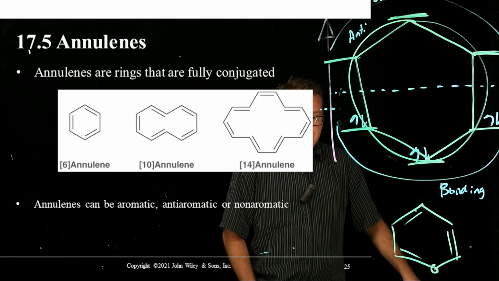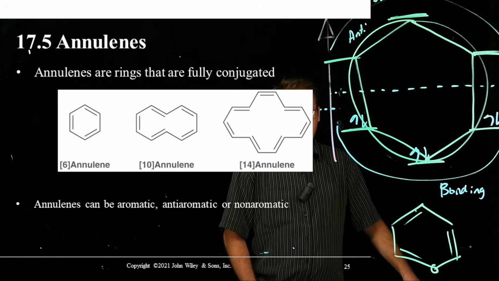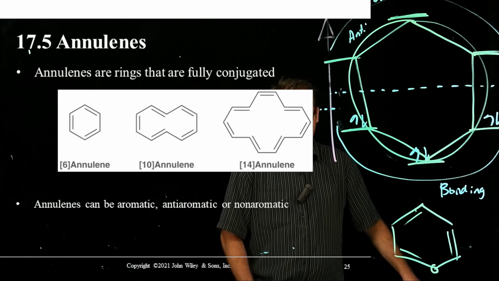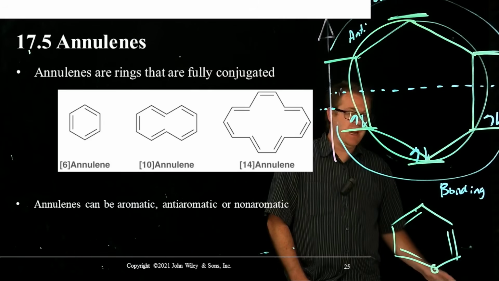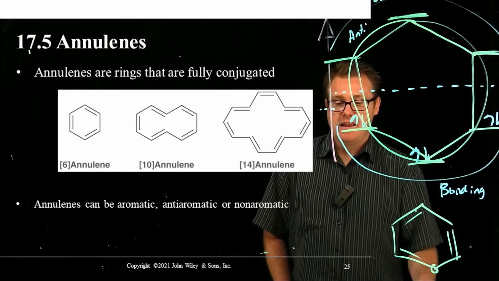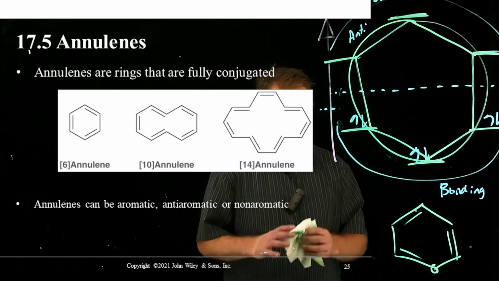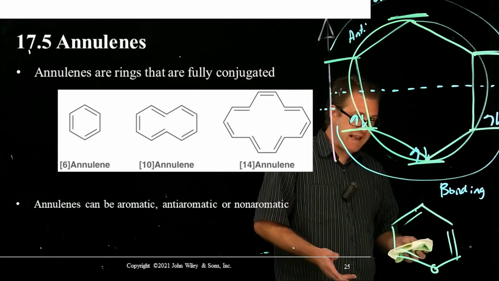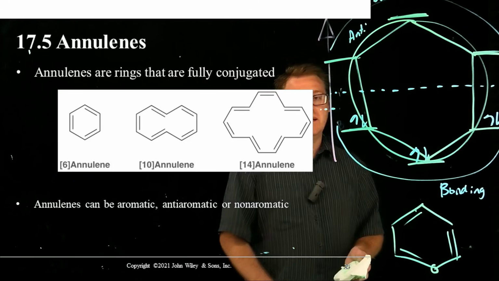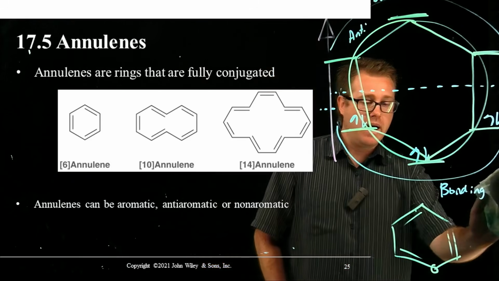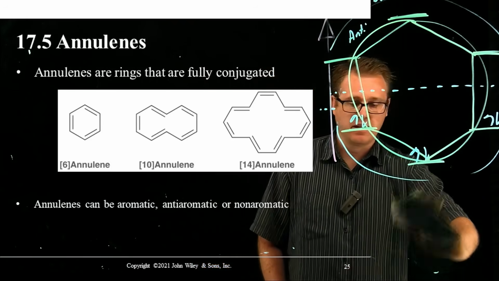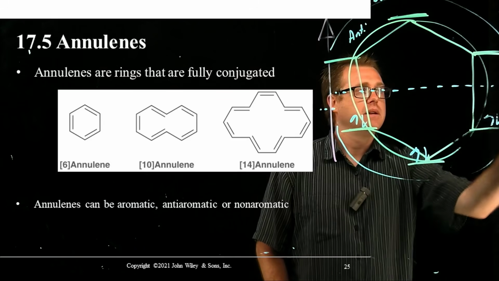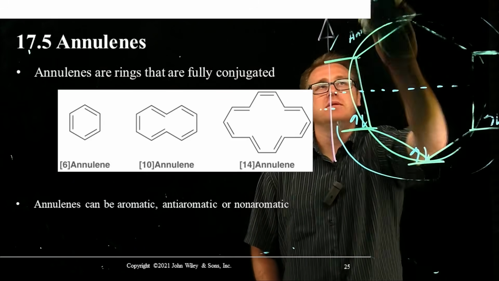So benzene, there's 6 carbons, so we could call it a 6 annulene, or 10 to 14. Now these compounds are getting much larger than 7 carbons. So these can as well be aromatic, non-aromatic, or anti-aromatic. It is all possible.